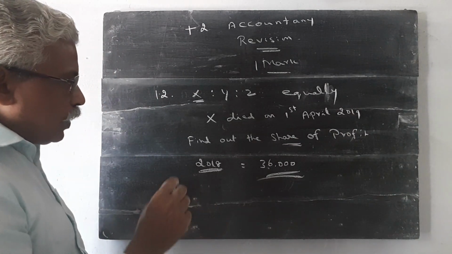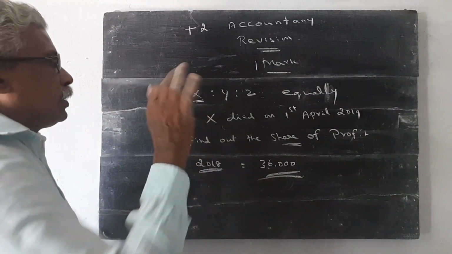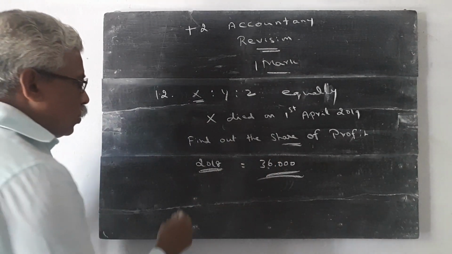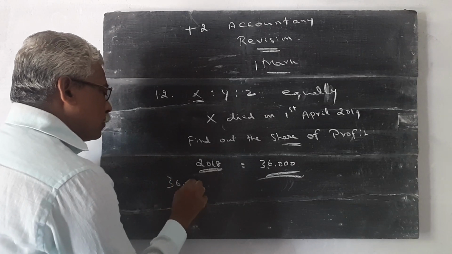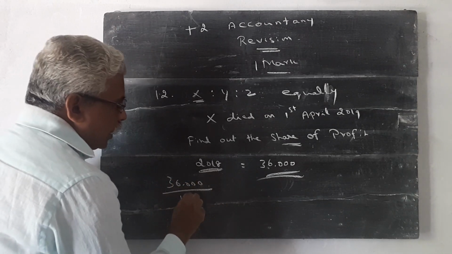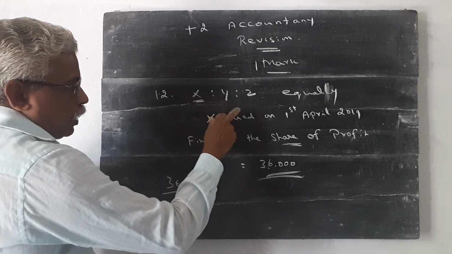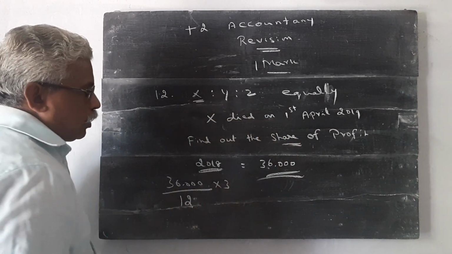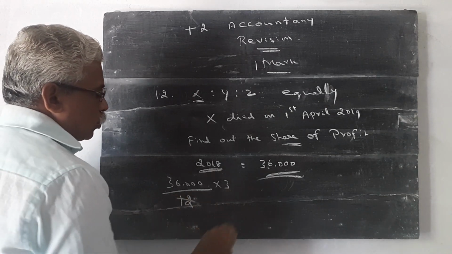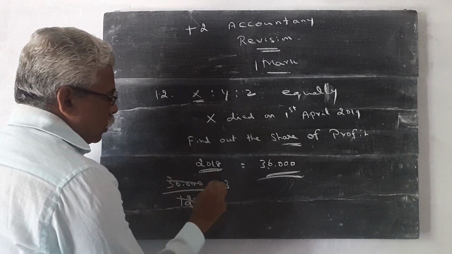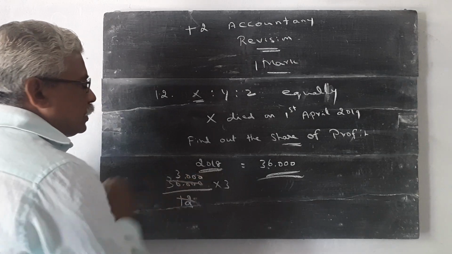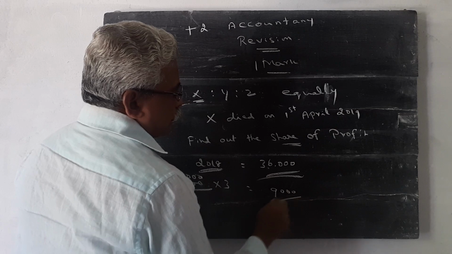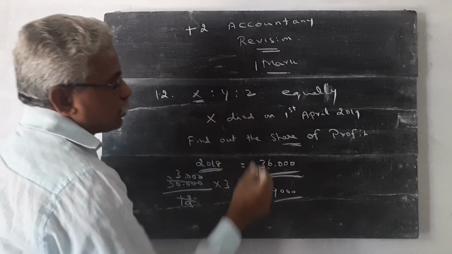The profit is calculated on the basis of the previous year. So, previous year profit is 36,000. 36,000 is the 1 year profit, but the partner is alive only for 3 months. So, 3 months profit is calculated. 1/12 is 3,000, 3 12s are 36, so 3 3s are 9,000 rupees is the share of profit of the partnership firm.